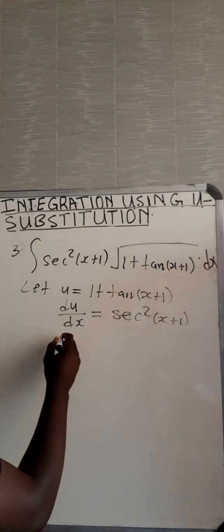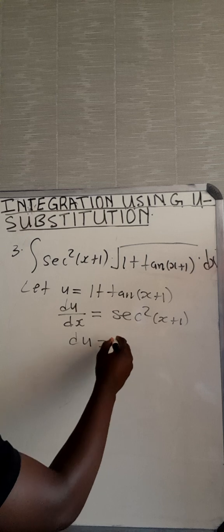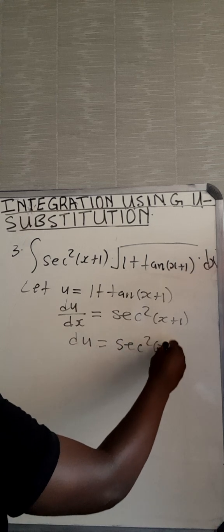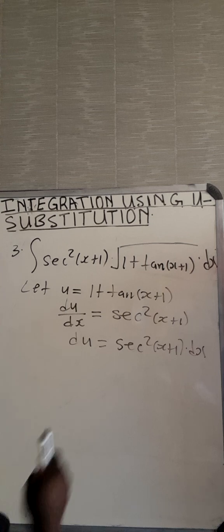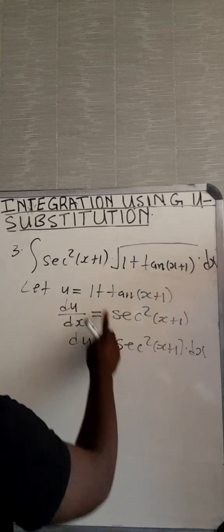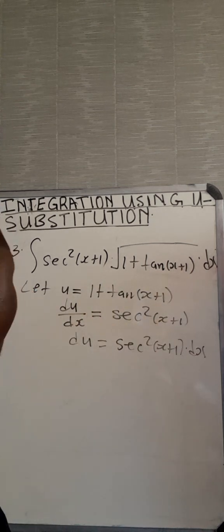So then du equals sec squared of x plus 1 dx. So then you see sec squared of x plus 1 dx will be replaced by just du.